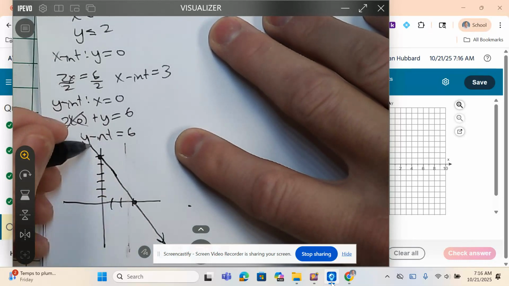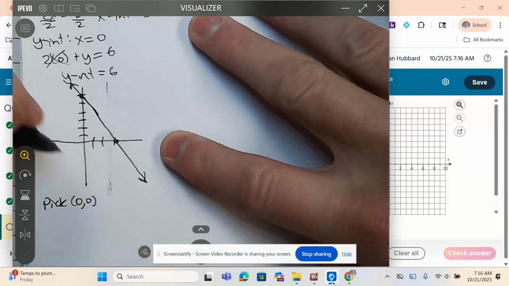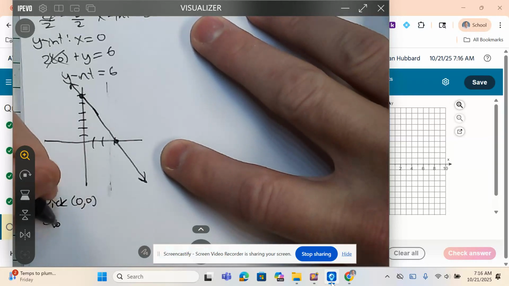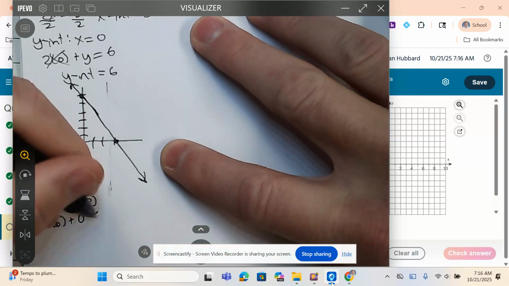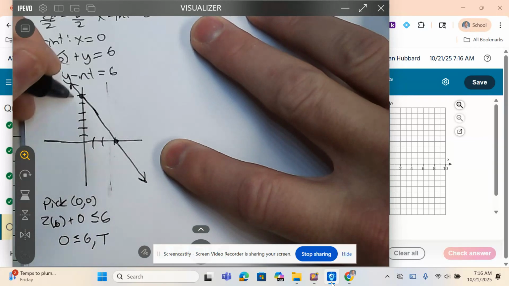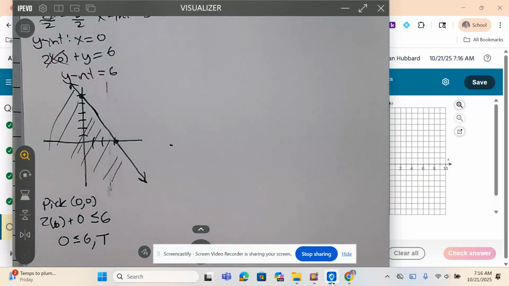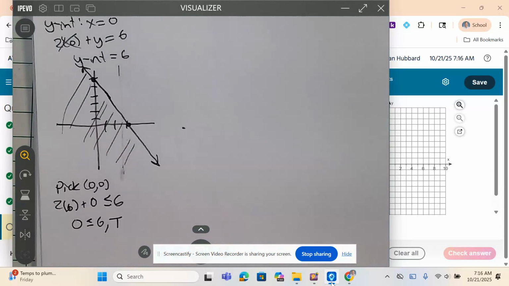Now I'm going to pick 0, 0. So 2 times 0 plus 0 is less than or equal to 6. Is 0 less than or equal to 6? That's true, so I shade towards 0, 0. Now, x is greater than or equal to -7.